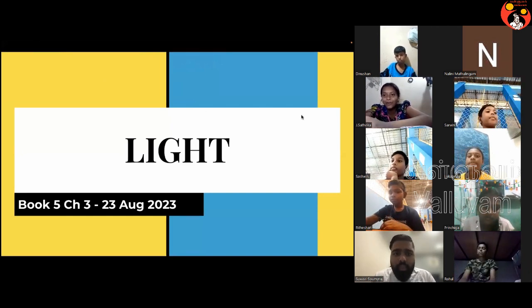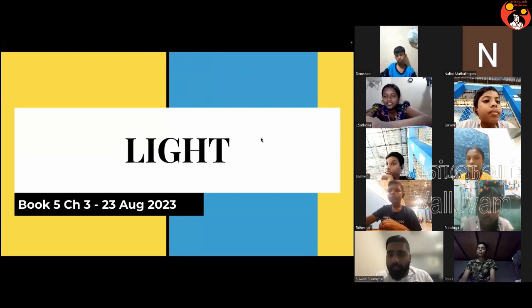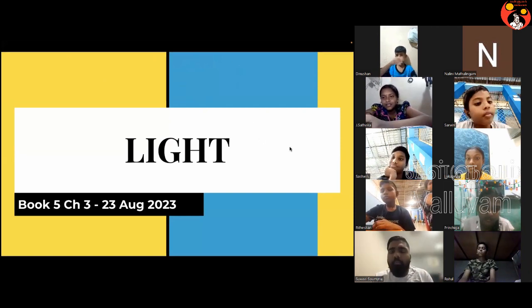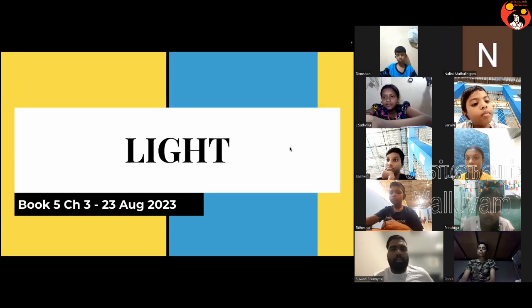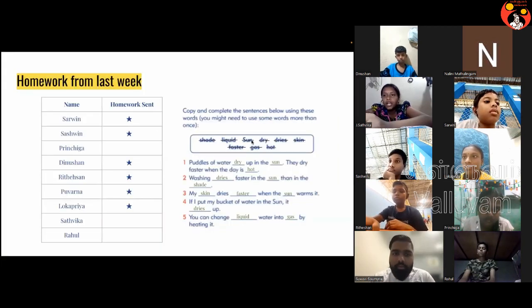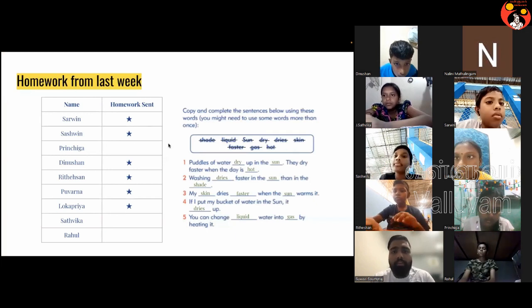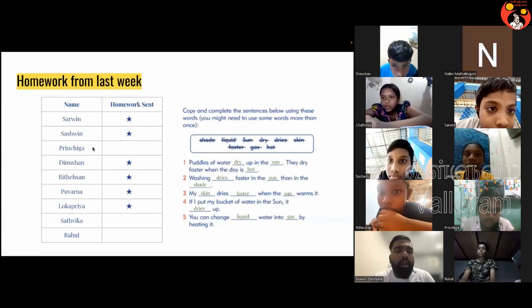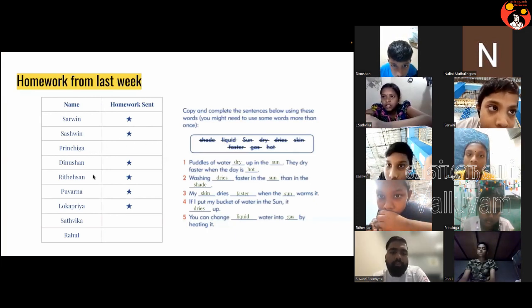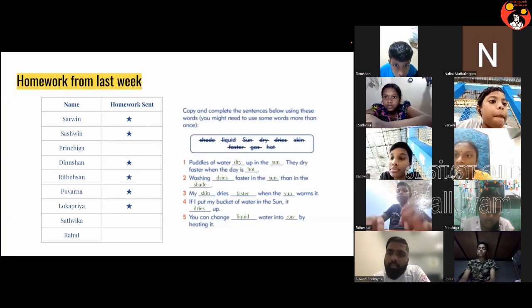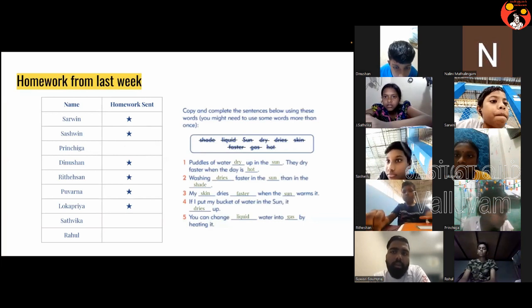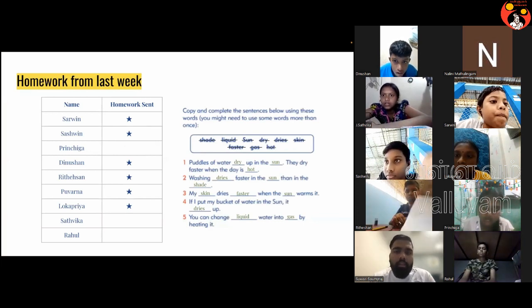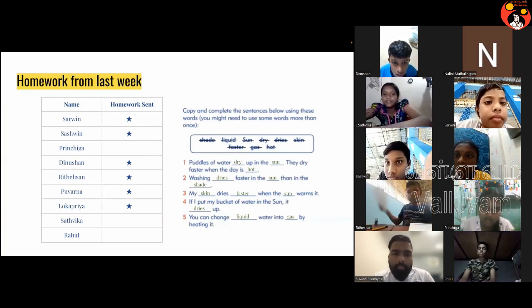So, just before we go on to the topic itself, just to cover homework, guys, thank you for everybody that did send it through. Most of you sent through the completed ones, but I don't believe, and correct me if I'm wrong, that I received it from Prinsika, Satvika, and Rahul. The three of you guys, am I right? Did I not get that one? Yes, sir.